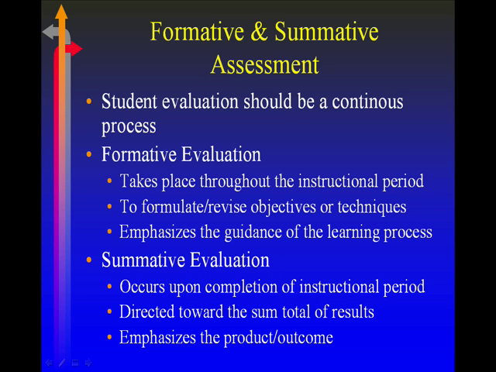I'll give you how we do this in our graduate program. Our signature assignments are both formative and summative evaluation. For each signature assignment, you turn it into LiveText. The faculty member assesses your learning in two different ways.